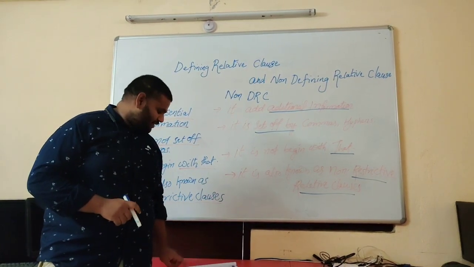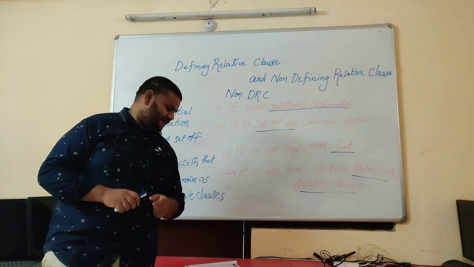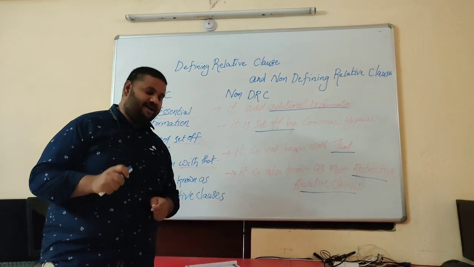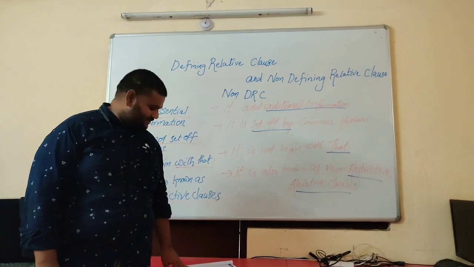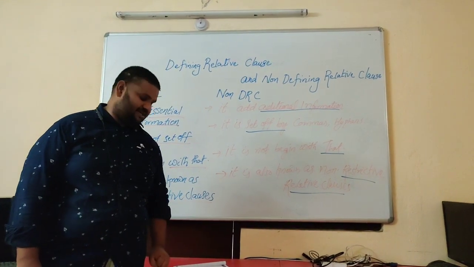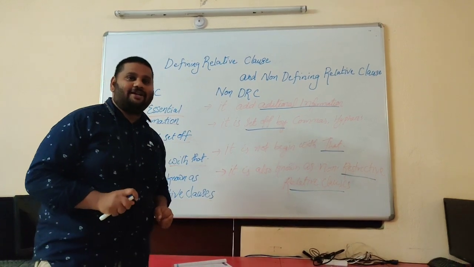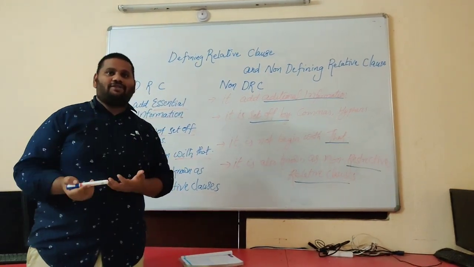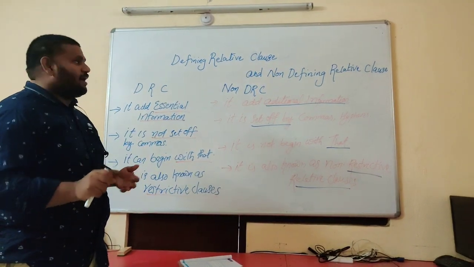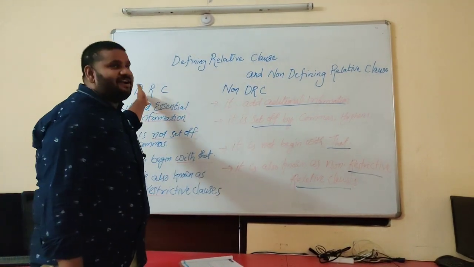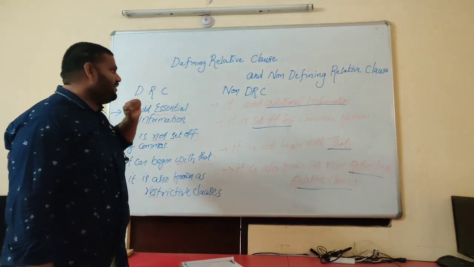One is to read the text again and identify some more defining and non-defining relative clauses, and the next exercise is to complete the sentence with a defining or non-defining relative clause. Before going with that, let us know the main parts of the defining relative clause and the non-defining relative clause.